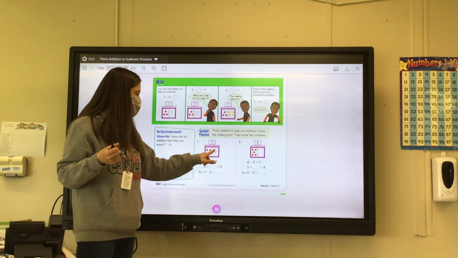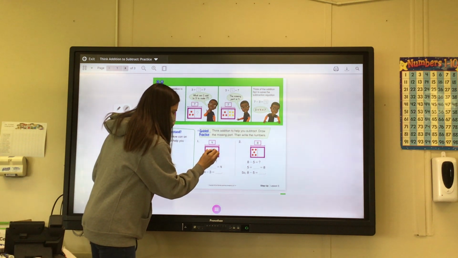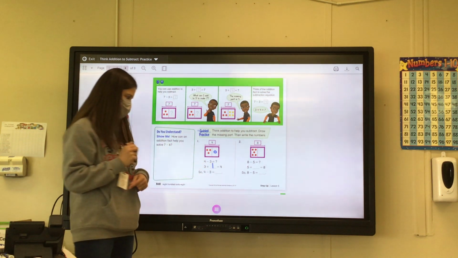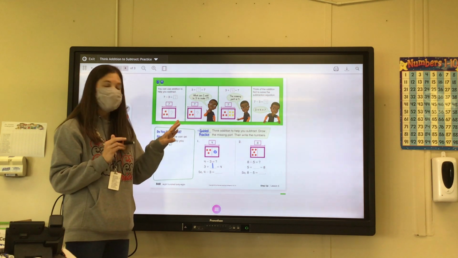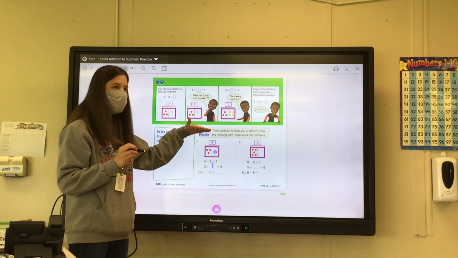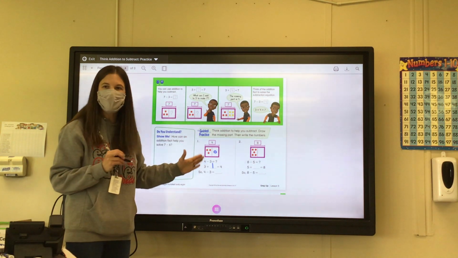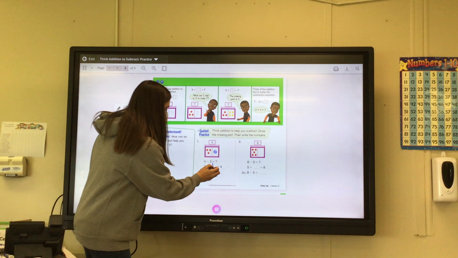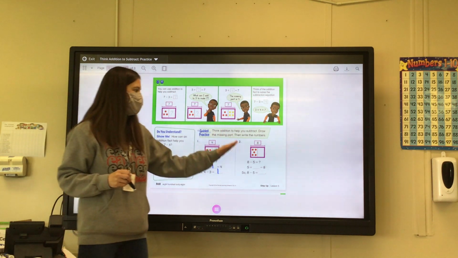So 3 plus what equals 4? 3 plus, trace this 1 counter, write 1. 3 plus 1, the 2 parts equals the whole. So the whole minus the part equals the other part. So 4 minus 3 equals how many? 1. There you go. Now let's look over at number 2.